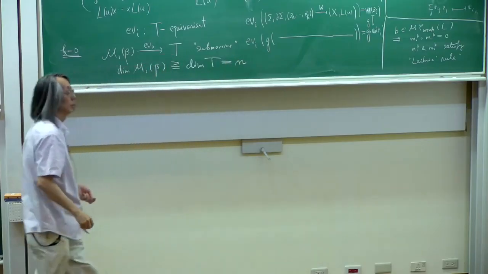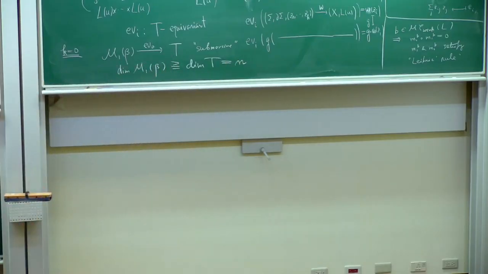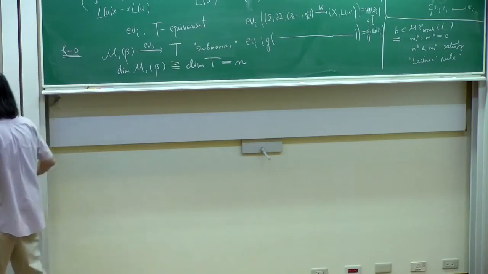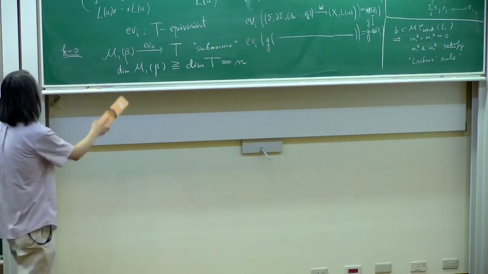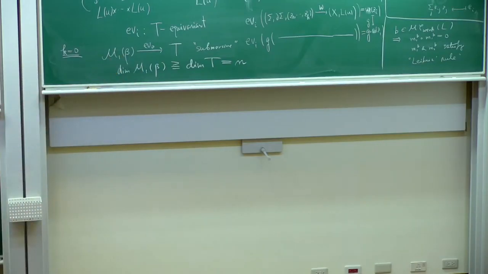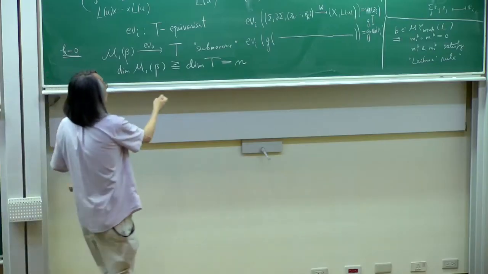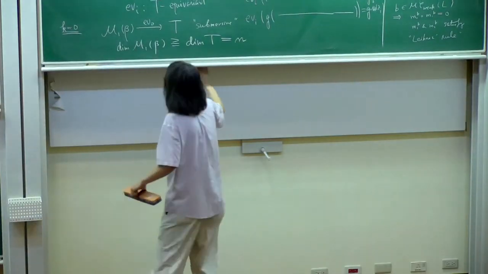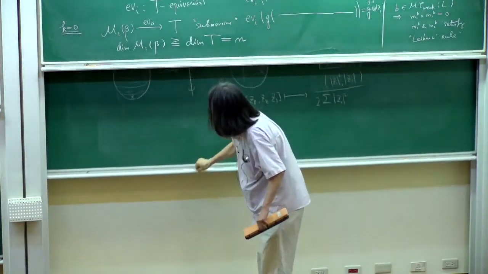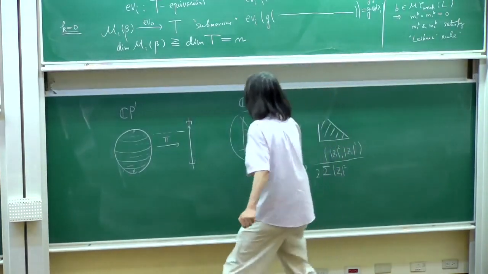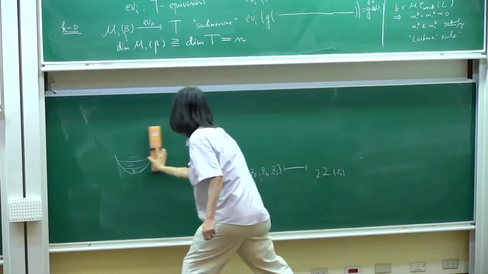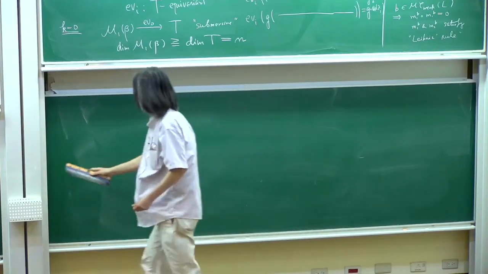Okay? So more precisely, somehow we have to use virtual technique in general. So then actually we have to take this virtual dimension of this moduli space, but let's suppose that everything's okay. Then we get something.